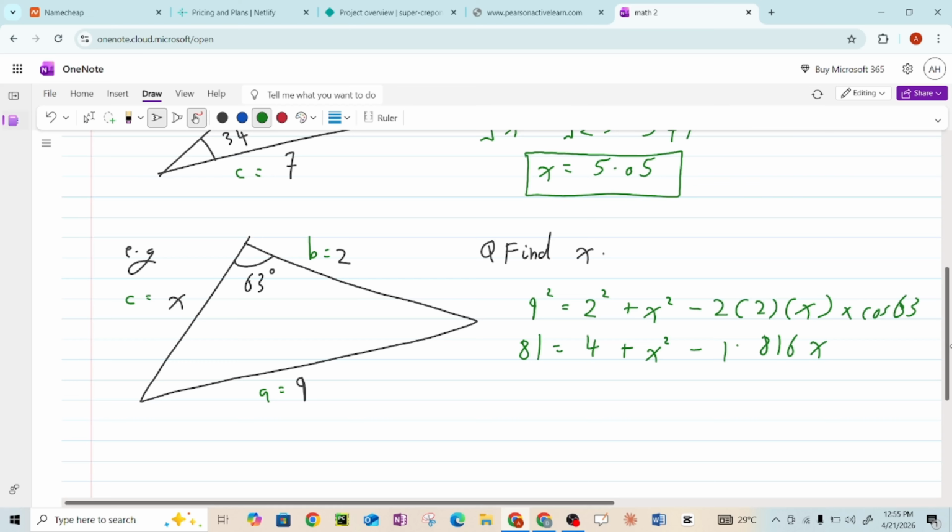And let's take 81 over here. So we have x squared minus 1.816x minus 81 plus 4 equals 0. Simplify that, you get x squared minus 1.816x minus 77 equals 0.